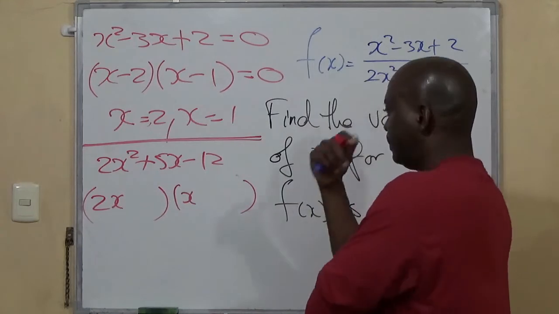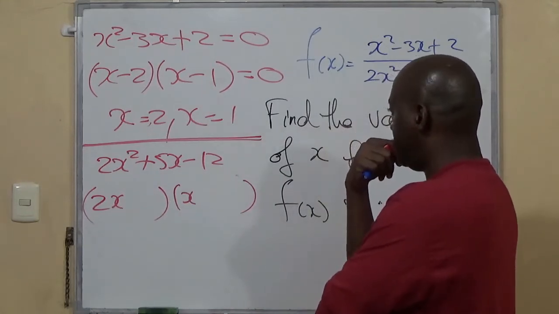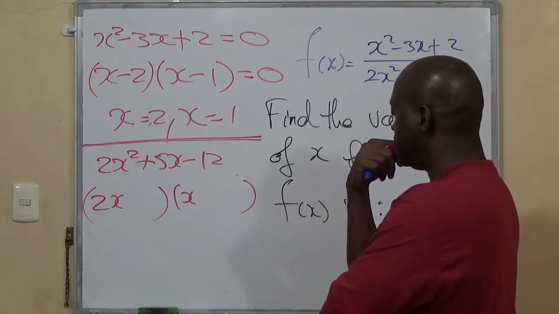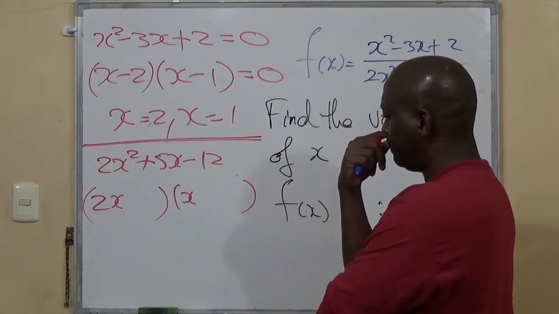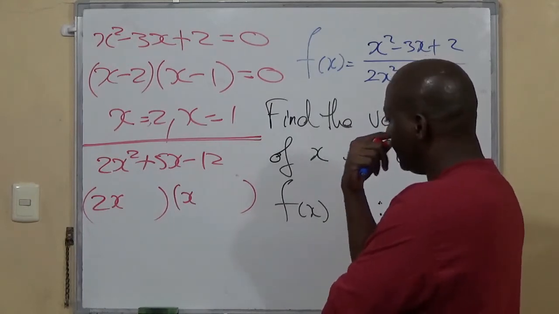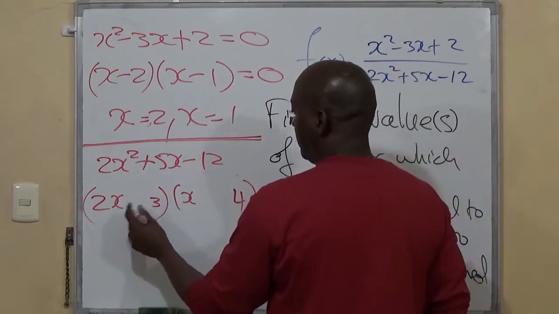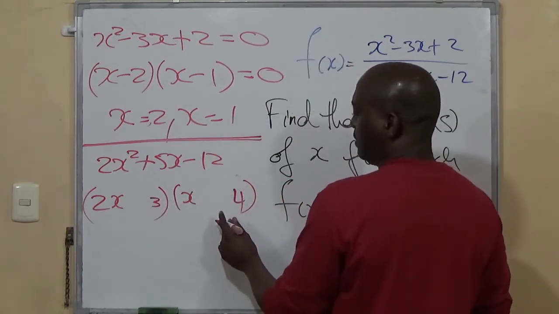Hold on. 8 and 3, 8 minus 3 is 5. So you have a 4 in there somewhere. Right, so you have a 4 here, and you have a 3 here.